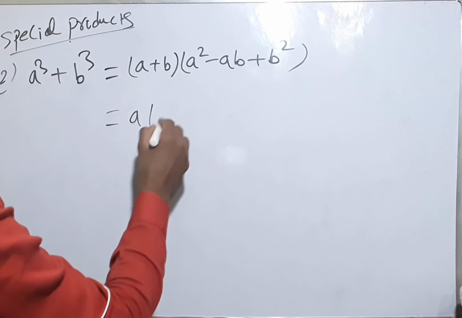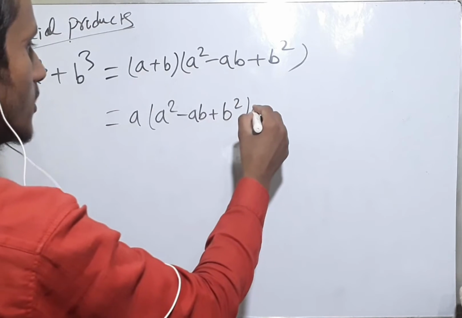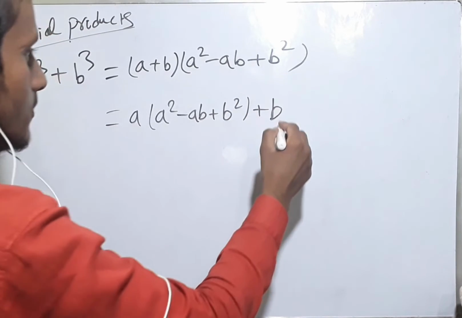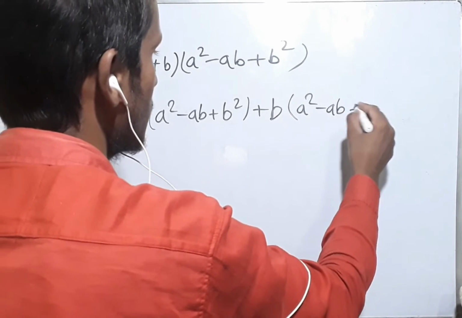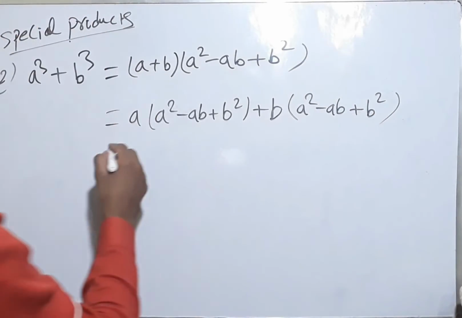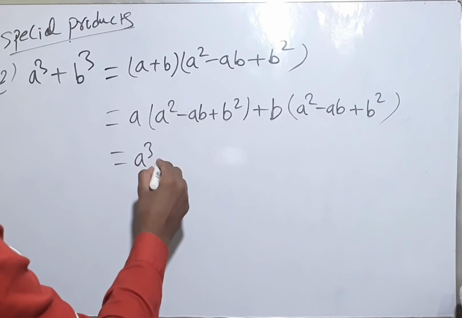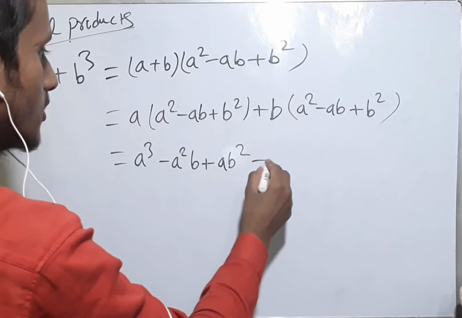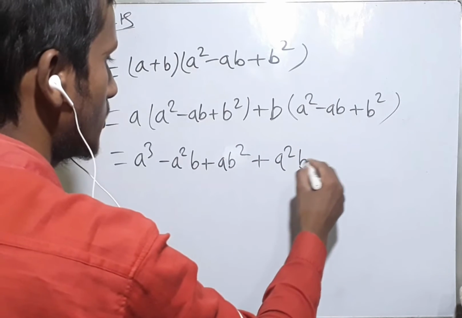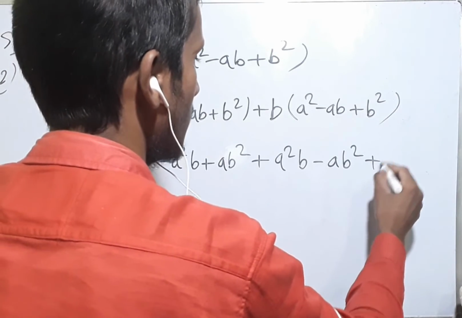So this will be a times a squared minus ab plus b squared plus b times a squared minus ab plus b squared. All I'm doing is distributing it, okay, to solve. Now this will be a cubed minus a squared b plus ab squared plus a squared b minus ab squared plus b cubed.